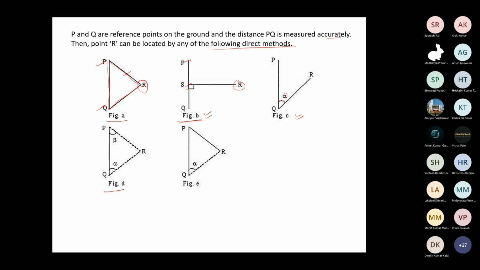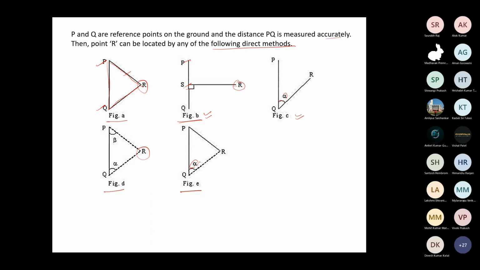Sir, both the angles alpha and beta. You should know the angles alpha and beta. Still I am able to locate R. Okay. What about in E? Sir, the angle and the other distance. I should know PR and I should know the angle alpha.